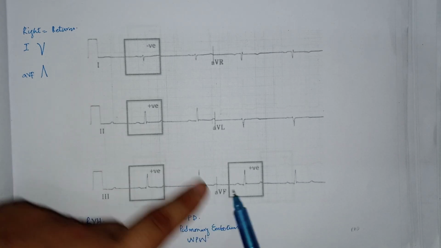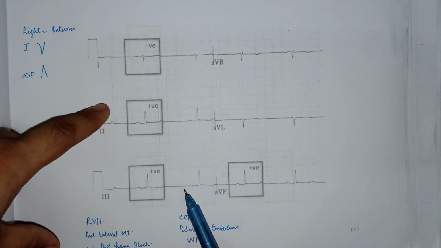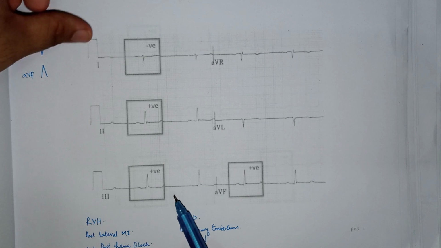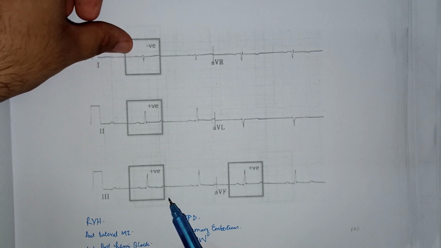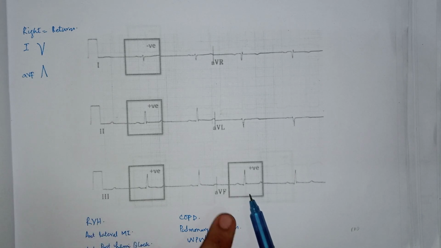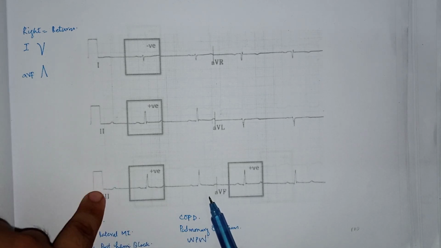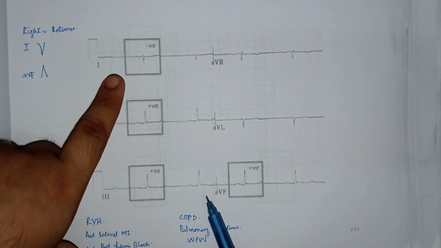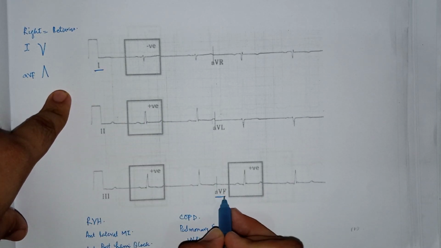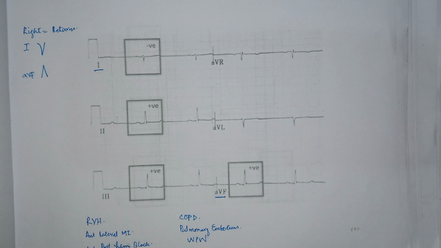So check lead 2 and lead 3 as well. Here in this case there is a downward deflection in lead 1 and upward deflection in lead AVF. Along with AVF, leads 2 and 3 are also upward, but the main leads are lead 1 and lead AVF. So these are the differential diagnosis in case of right axis deviation.